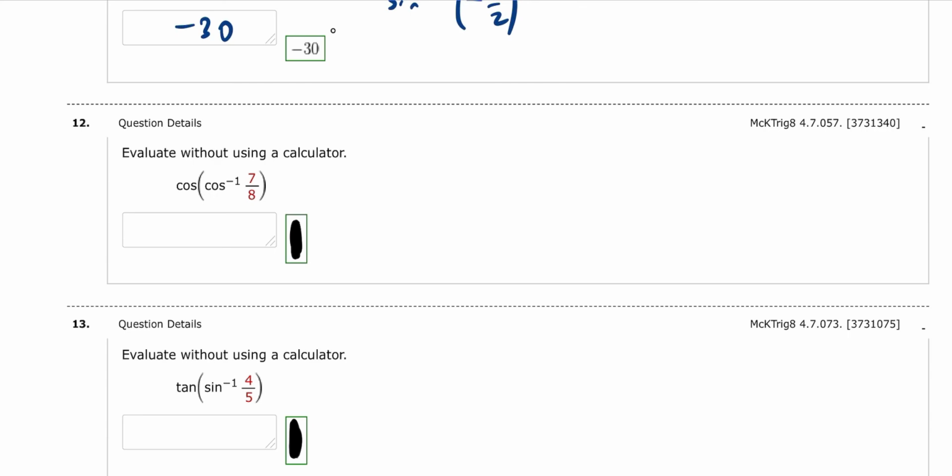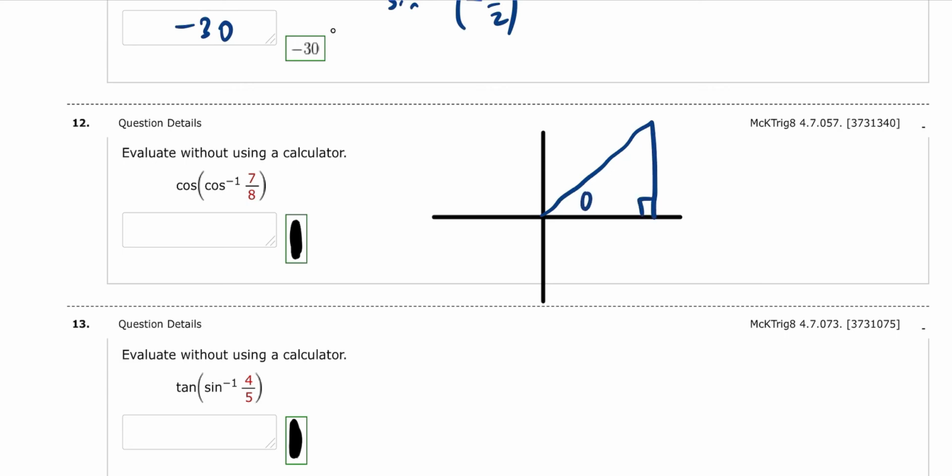All right, for this one, since 7/8, what we can do is draw a triangle in quadrant number 1. We'll call it theta again. And this is adjacent over hypotenuse, so that would be 7/8.